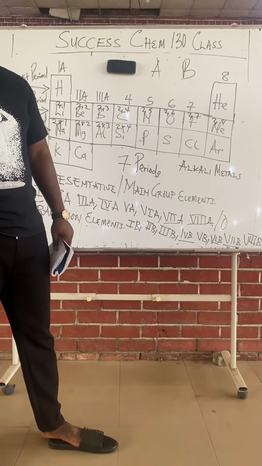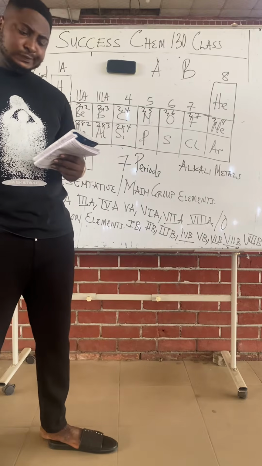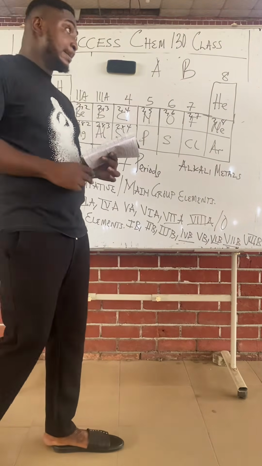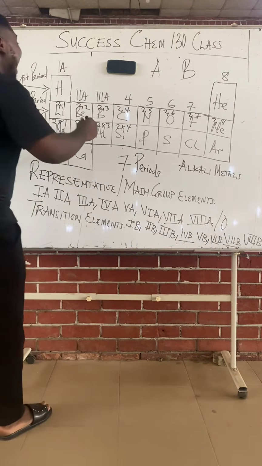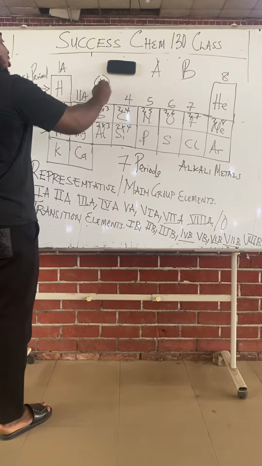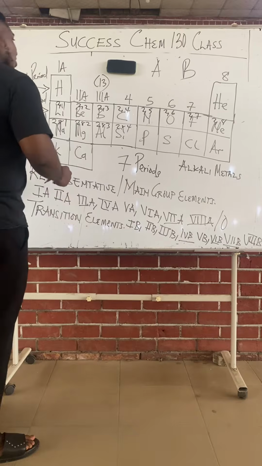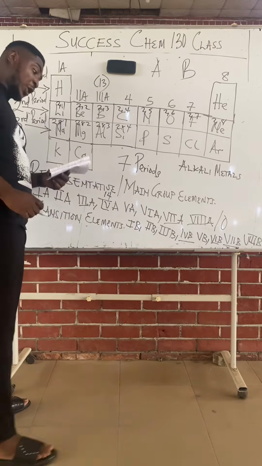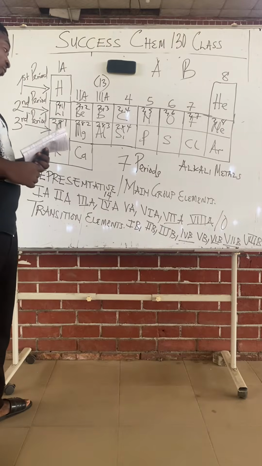Class, this group IIIA is also called group 13. Group IVA is called group 14.